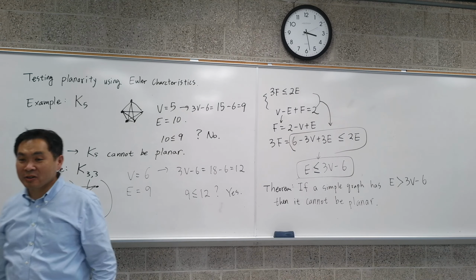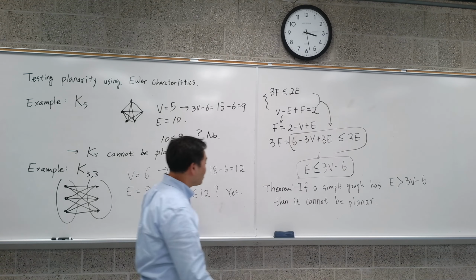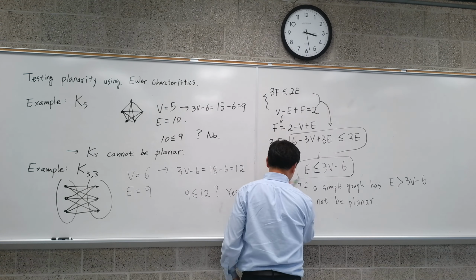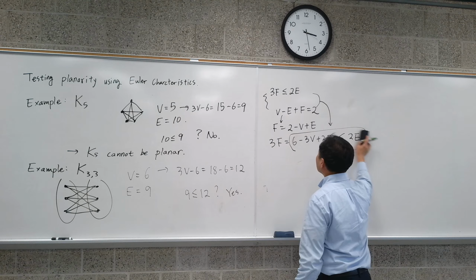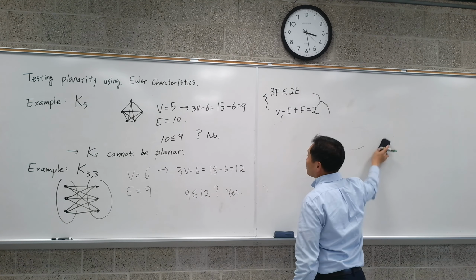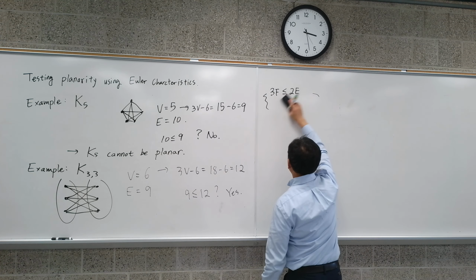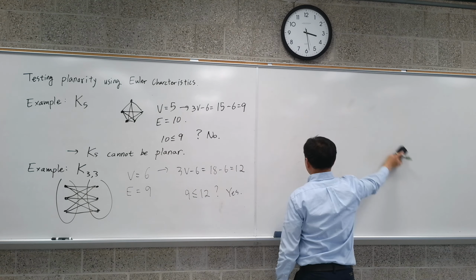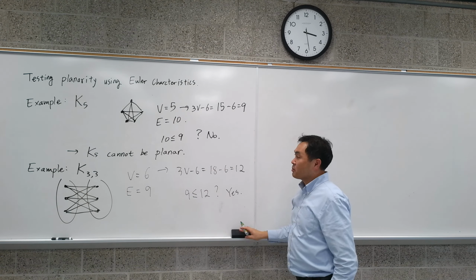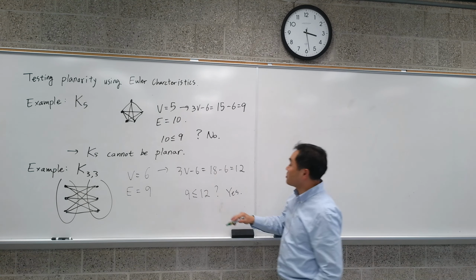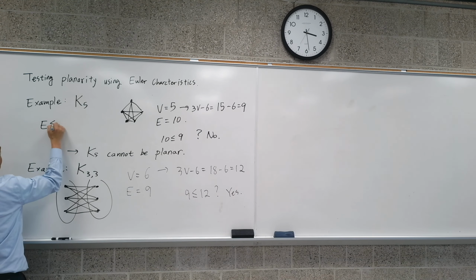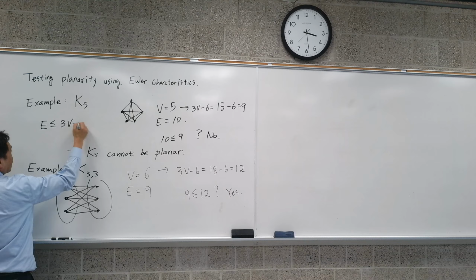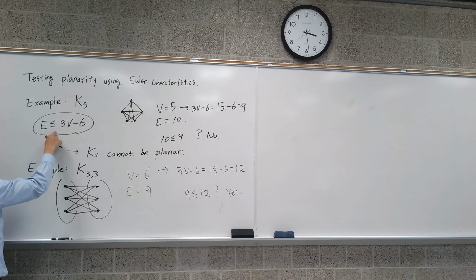Now, interestingly, there's a way to show that this is not planar by using another modification of the Euler characteristic. Let me try to explain that. There's a similar inequality. The inequality that we were using here was the criterion: if this is violated, then it's not planar.